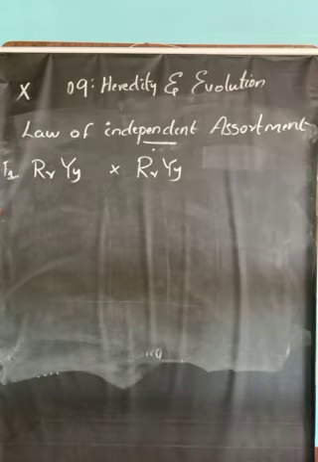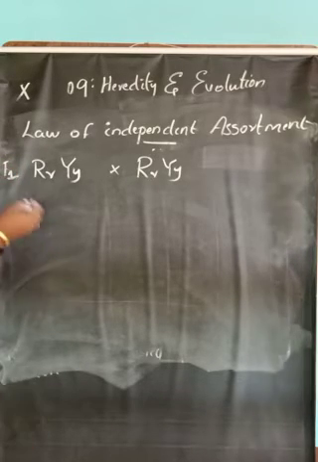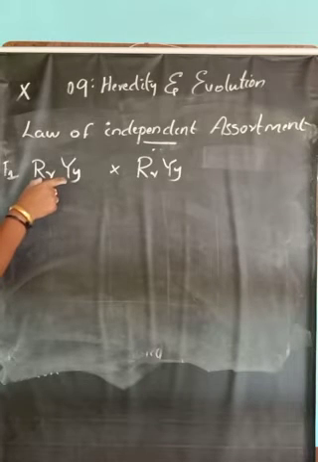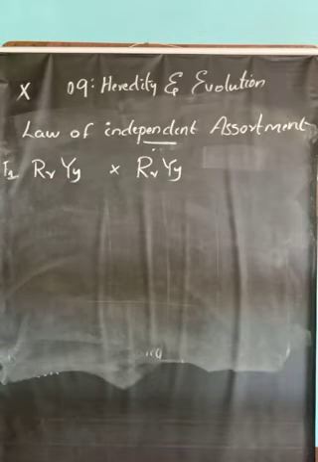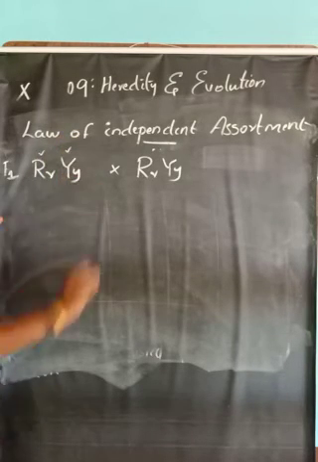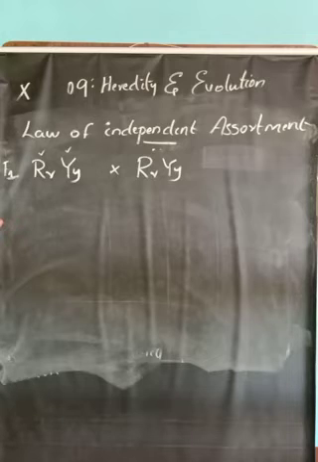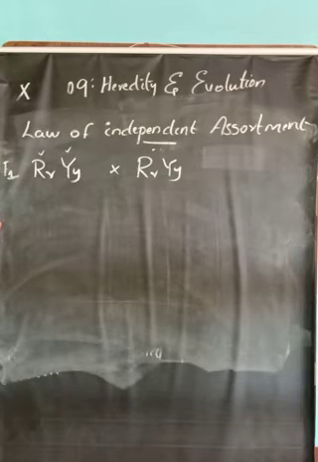Here there is the inheritance of two pairs of characters. Round shape, that is seed shape, and seed color are the two characters. Inheritance of the two characters occurs simultaneously.